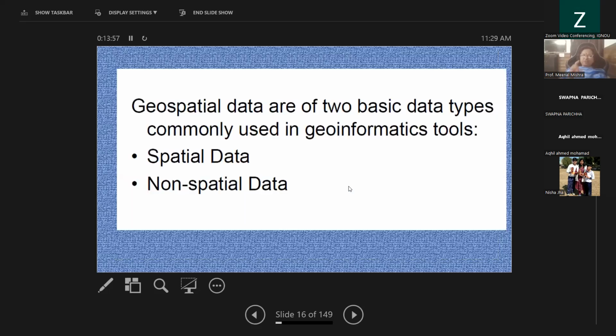Now, we were talking about geospatial information. Likewise, you have geospatial data. Geospatial data has two basic data types which we use as geoinformatics tools. One is spatial data, and another one is non-spatial data, or you also call it attribute data.